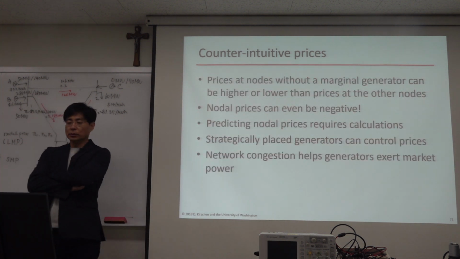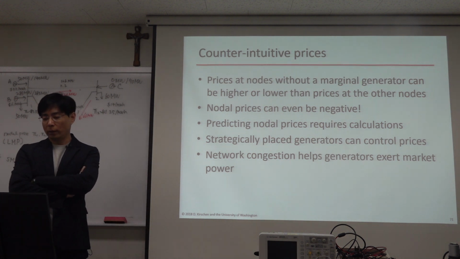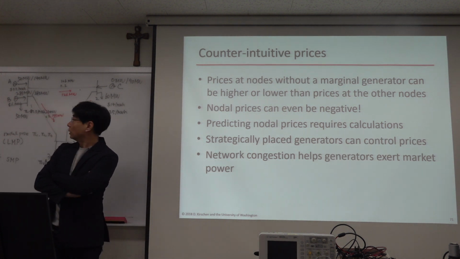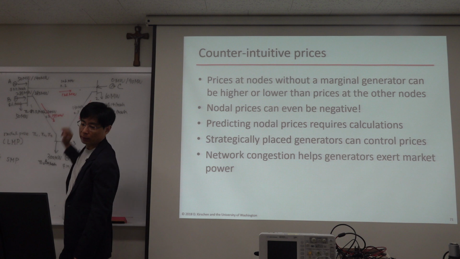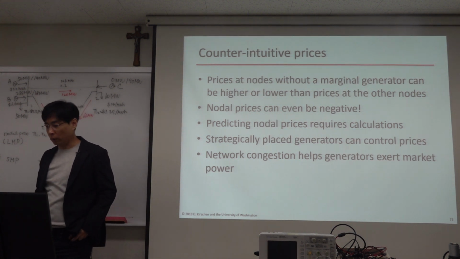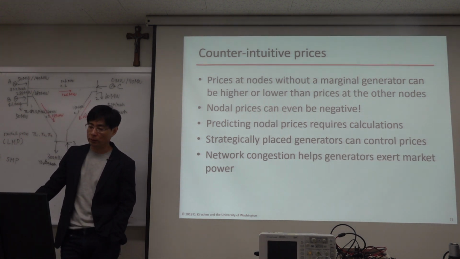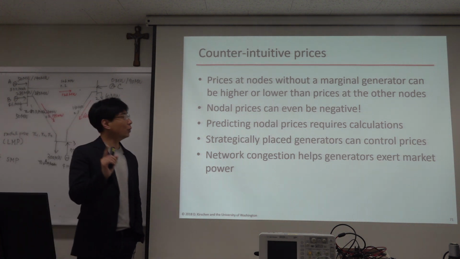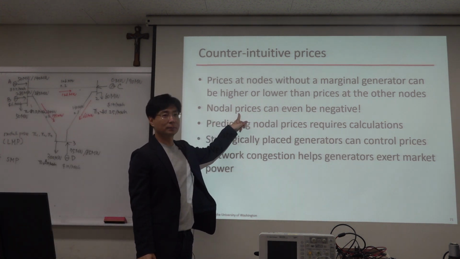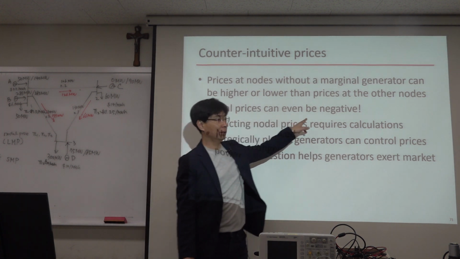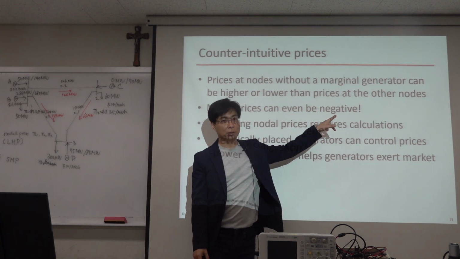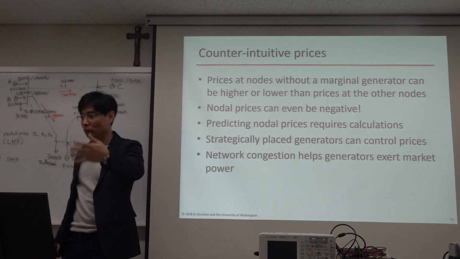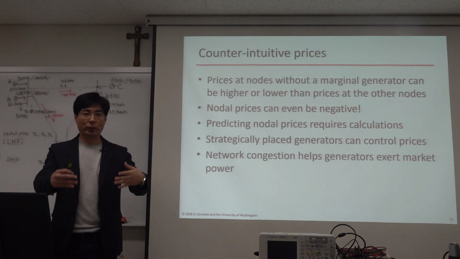And so prices at nodes without a marginal generator, like this one, can be higher or lower than prices at the other nodes. And in your homework, you will see this one. Nodal price sometimes can be negative. What does that mean? That means when you consume energy, you get paid.